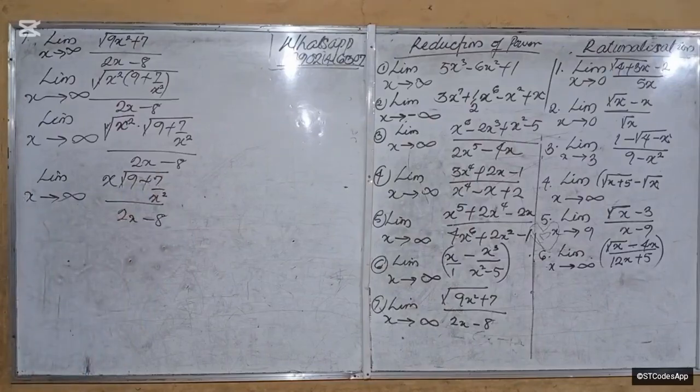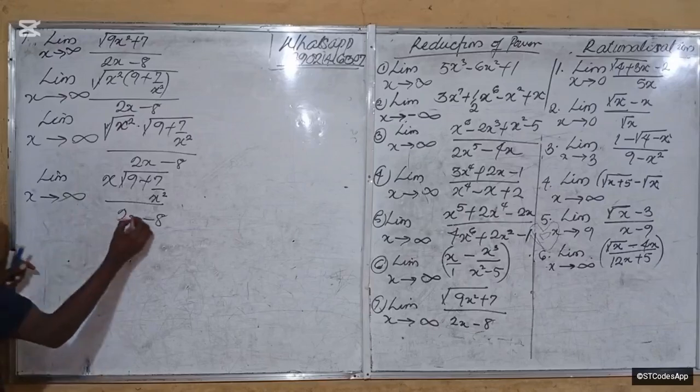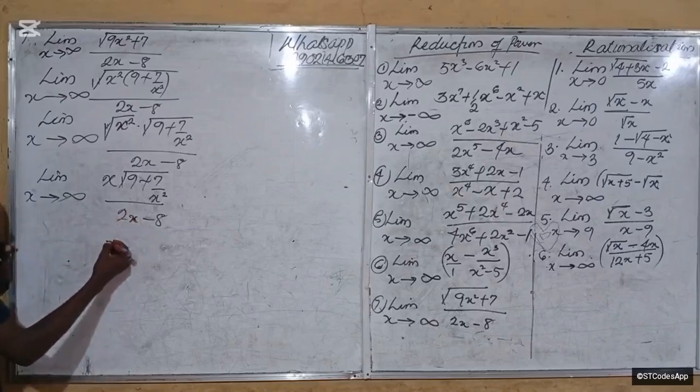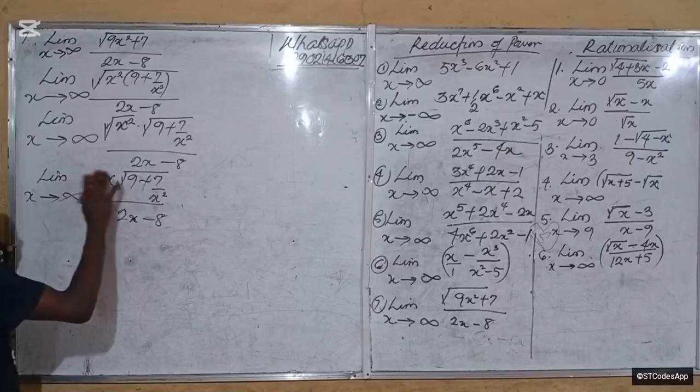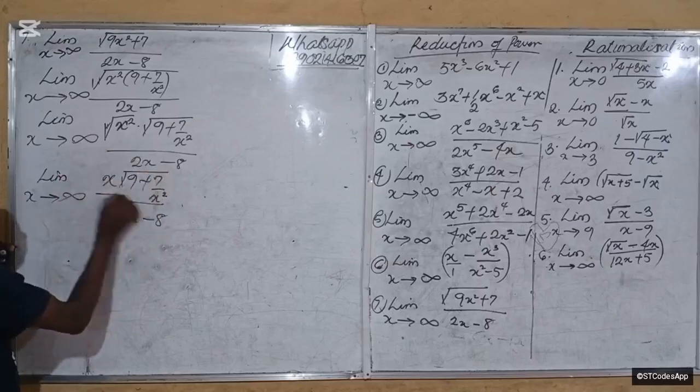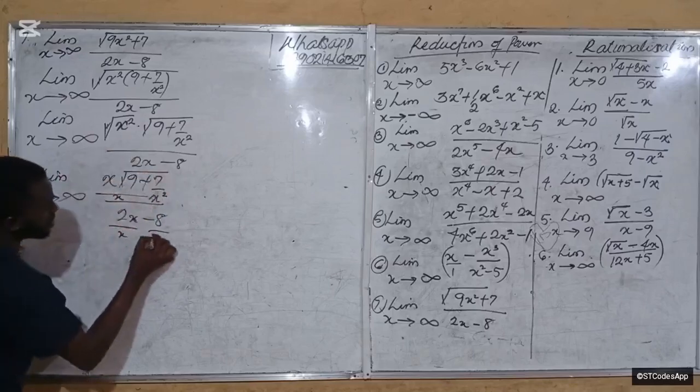Okay, so what do we do from here? We can now divide through by x. So this entire thing over x, this over x, and this over x.